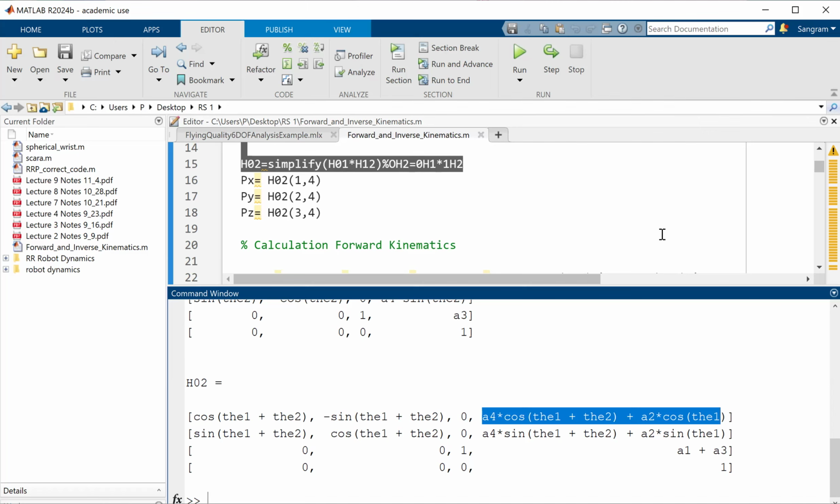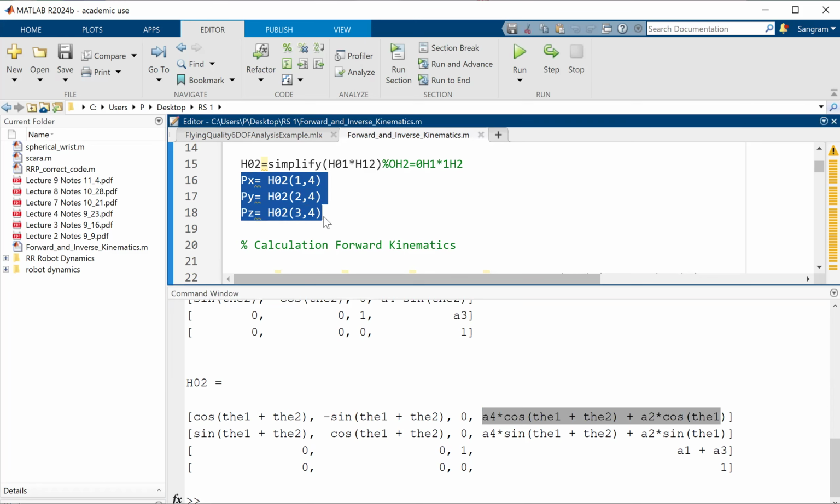However, there are some things that you should be aware of, and I'll discuss them with you. Now let's look at the next thing: I want to capture these equations. So the final matrix that I have is H02.